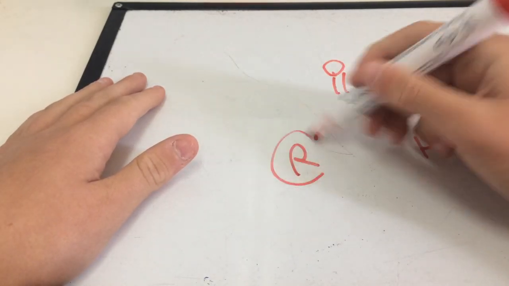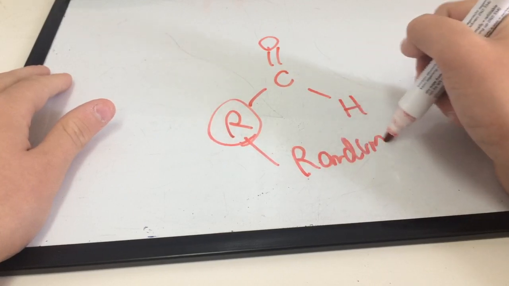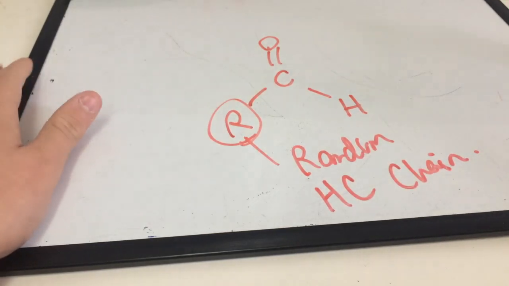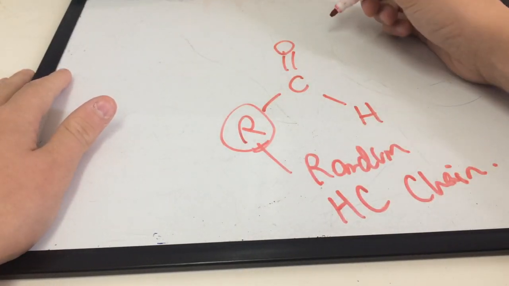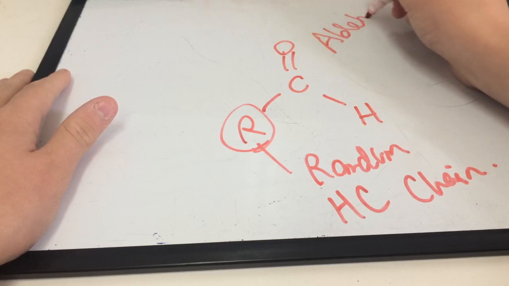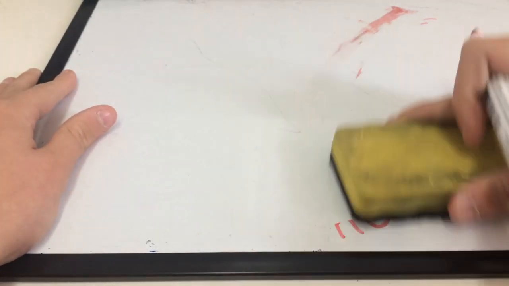What does the R mean? The R means random hydrocarbon chain. Essentially, you can put any hydrocarbon you want there. And this is an example, don't worry about this for now. This is an example of an aldehyde. Okay, this is an aldehyde. So for example, I could draw this long structure.